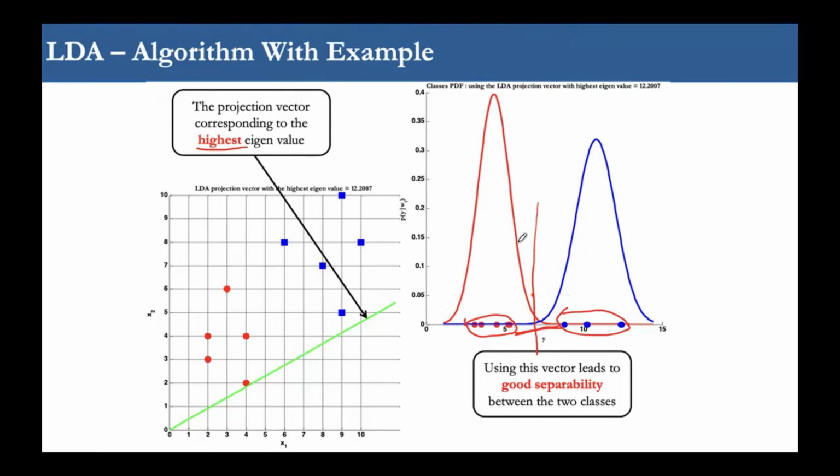You can also see the data are in the form of a bell-shaped curve, that is, Gaussian distribution data. The selected data is Gaussian distribution data. This is all about linear discriminant analysis. Thank you.